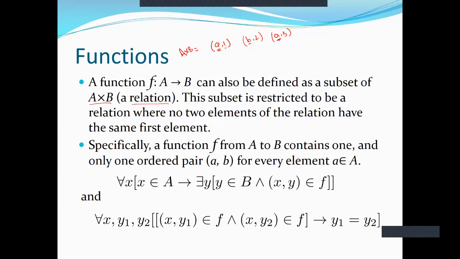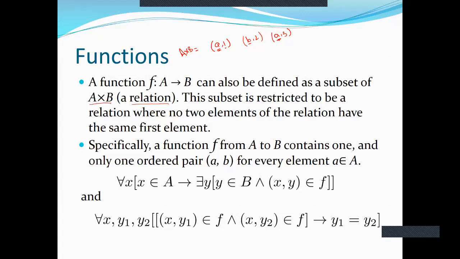So we can write it like this: for all x, x belongs to A implies there exists some y. For this x, there exists some y for the ordered pair, right? So for this x that belongs to A, we can map it such that there exists some y, with the condition that y belongs to B and (x, y) belongs to the function f.